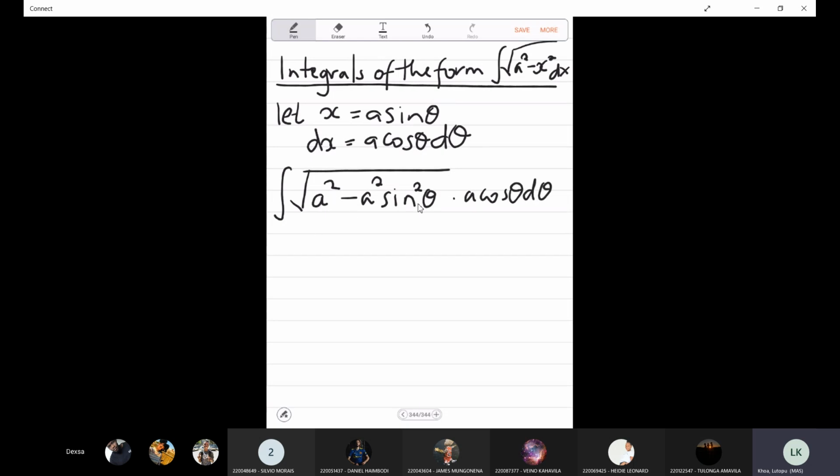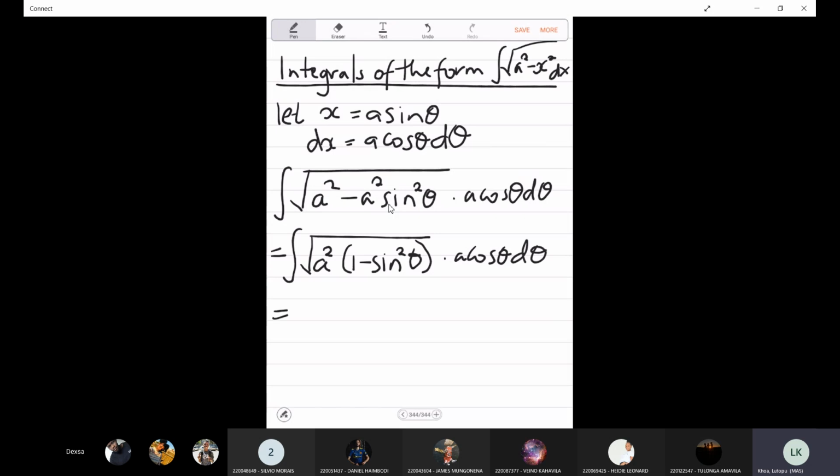Okay, we see that under our square root, a squared is a common factor, so we can factorize that out. This is the integral of the square root a squared times 1 minus sine squared theta, and then on the outside we have a cos theta d theta.